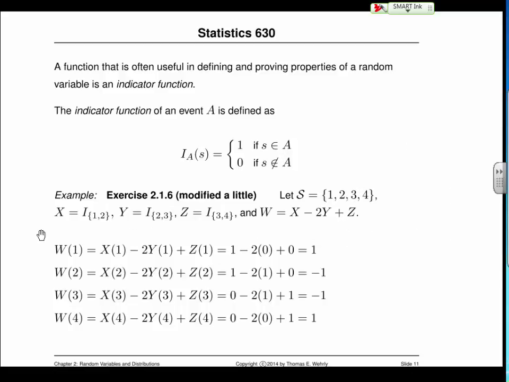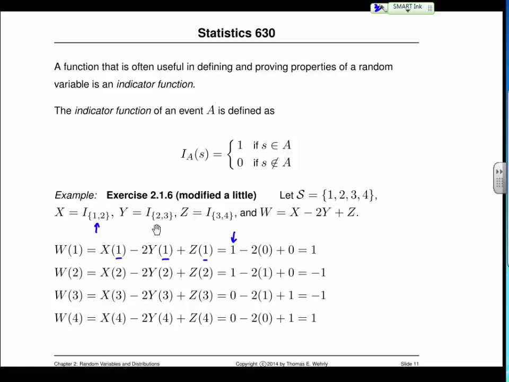So let's start off with W of 1. Well, I plug in X of 1, Y of 1, Z of 1. And then we look, is 1 in this set X? Yes, it is. So X of 1 is equal to 1. Is 1 in the set {2, 3}?